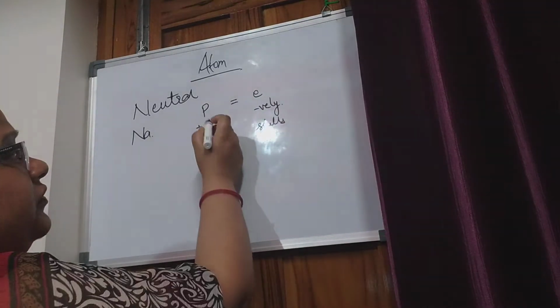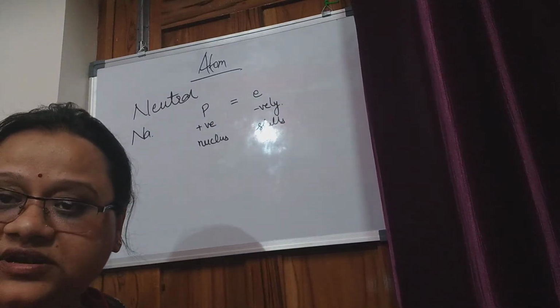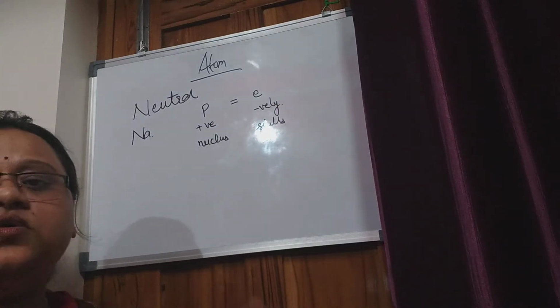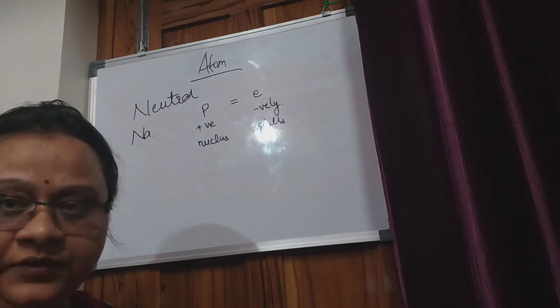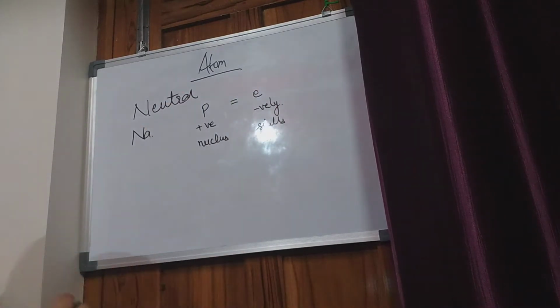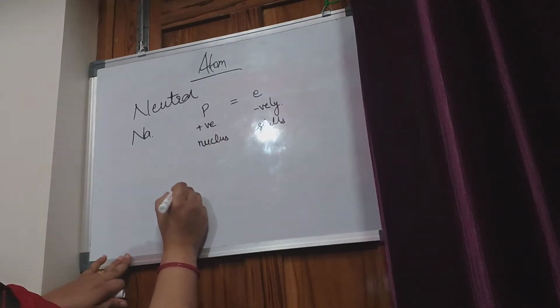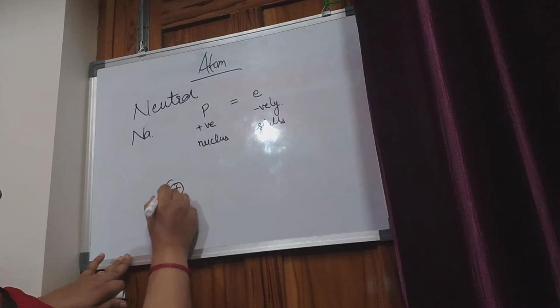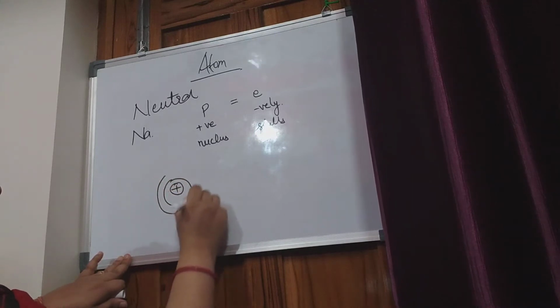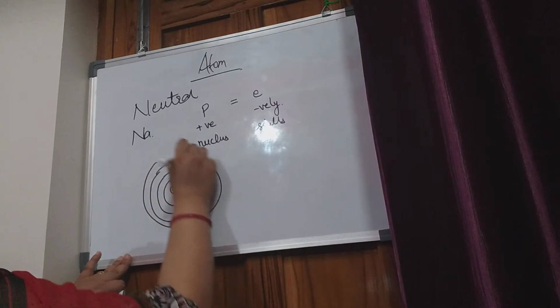So if positively charged protons are equal to the negatively charged electrons in an atom, that's why as a whole an atom is neutral. Protons and electrons are equal in number. Protons are present in the nucleus of an atom and electrons are present in these energy shells or energy levels.